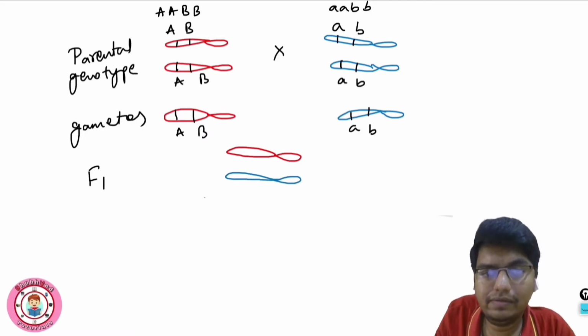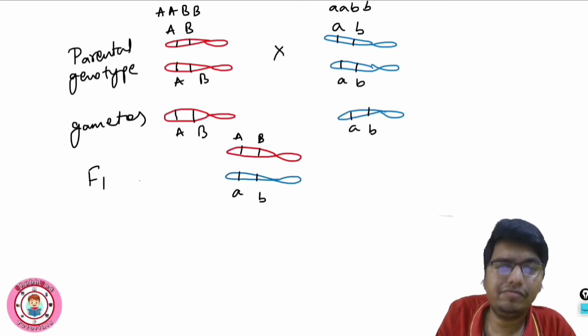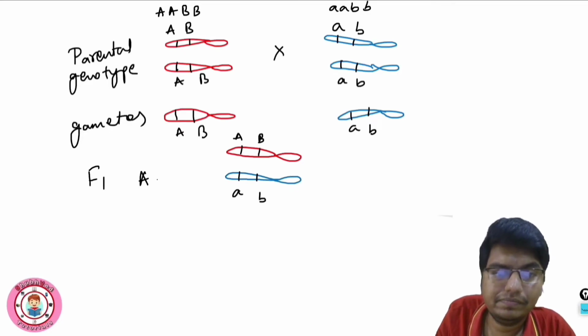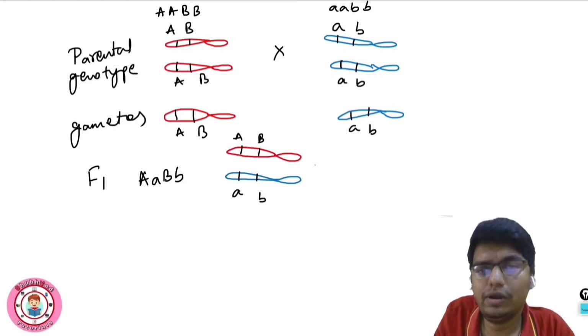So F1 will have capital A, capital B, small a, small b, right? So this is the F1. Okay, they are located on the same chromosome.